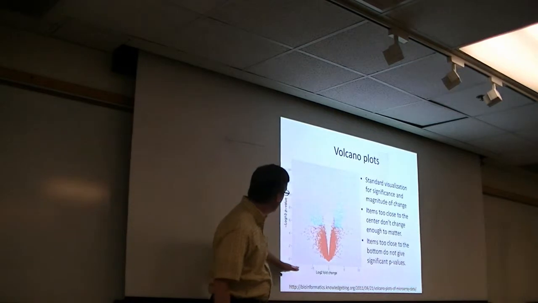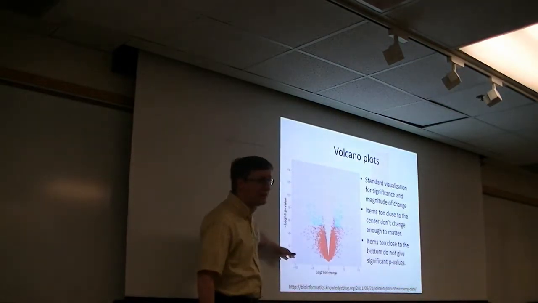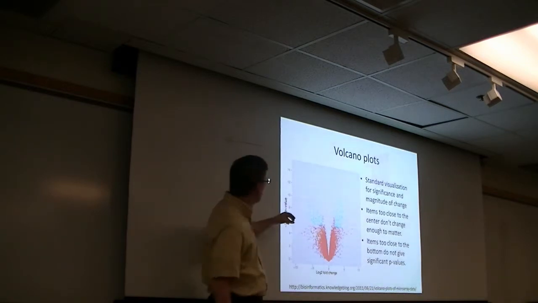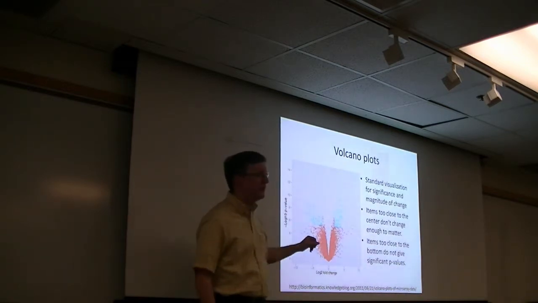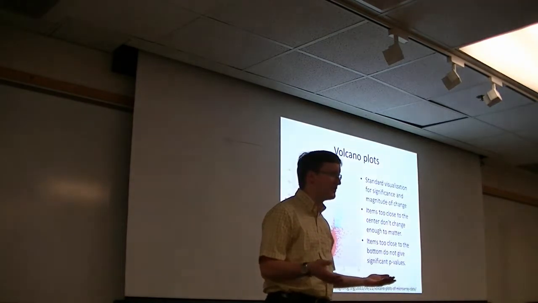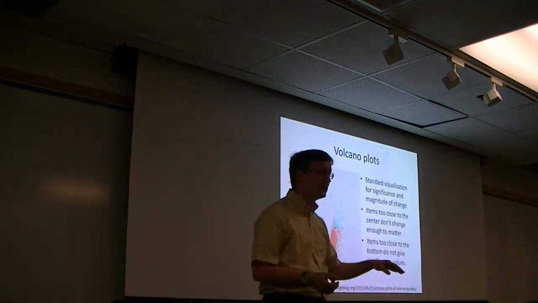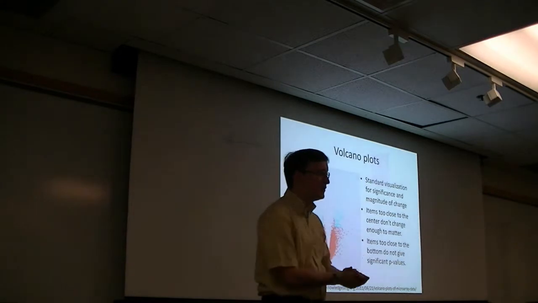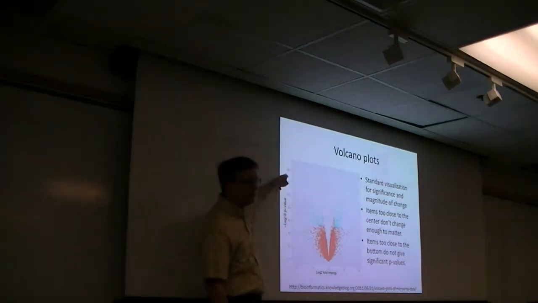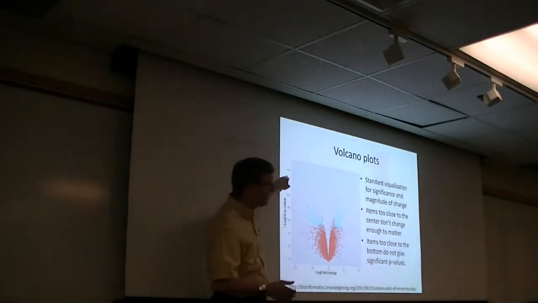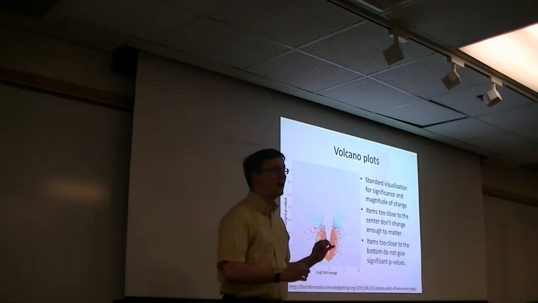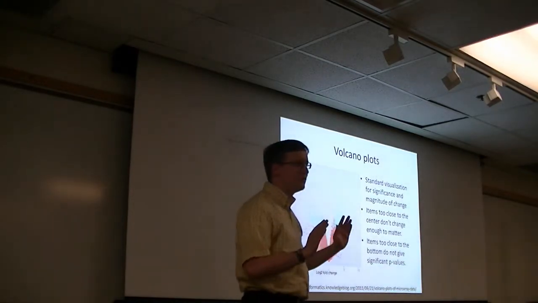So as we look at negative log 10 p-values, again we're flattening out this distribution. So when we have a significant p-value, it's pretty close to 0 if we look at it on a linear scale. But if we throw it into negative log 10 space, suddenly those values go high. So a high negative log p-value is much closer to significance. And in this case, we see that we can separate this in a couple of different ways.